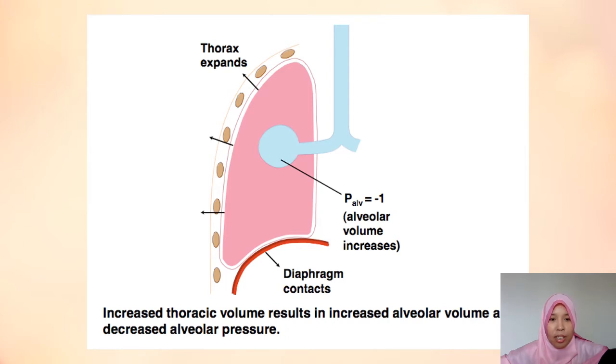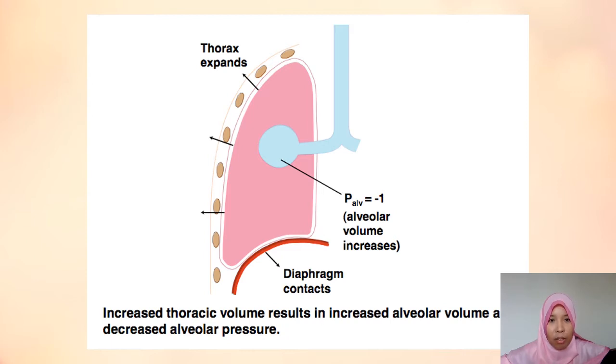When the diaphragm contracts, it flattens out. Originally we saw that the diaphragm is in its dome shape, and now it's slowly losing its dome shape and flattening out. As you can see, the external intercostal muscles are also contracting, and when they contract, you have the thorax expanding.